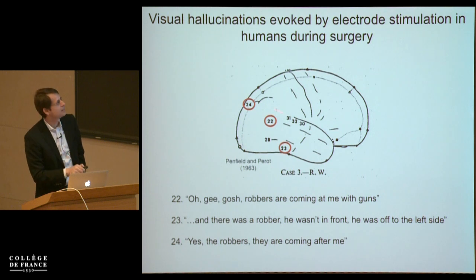This is not very nice to hear. So they went to area 23 and stimulated there. And now the patient says, and there was a robber. He wasn't in front. He was off to the left side. That's also not so nice. So they went to area 24. And then the patient continues, exactly when they stimulated, and only when they stimulated, that yes, robbers, they are coming after me.